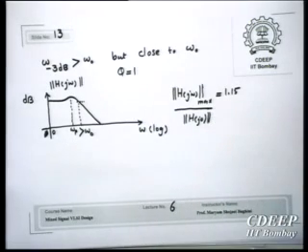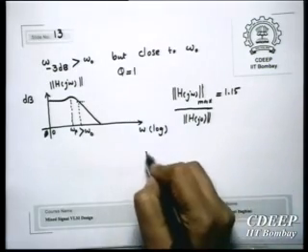In fact, the normalized value is 1.1. I think it will be 1 upon 2 zeta into, I guess, 1 upon root of 1 minus zeta square. You double check, okay?